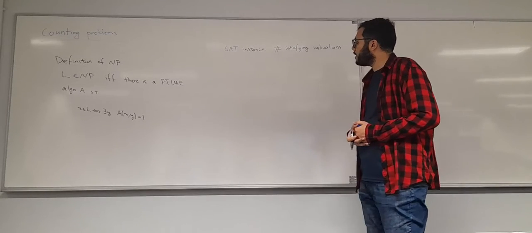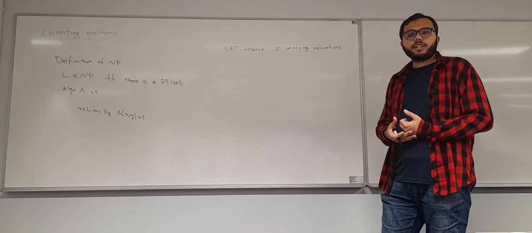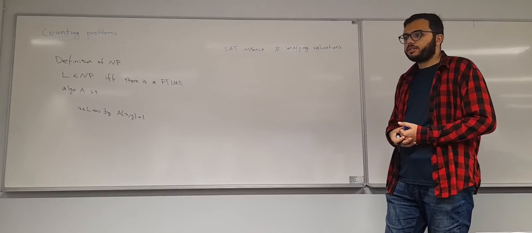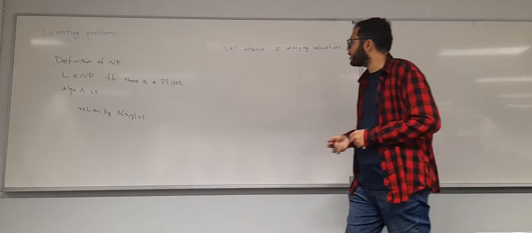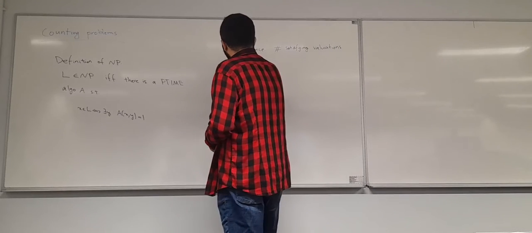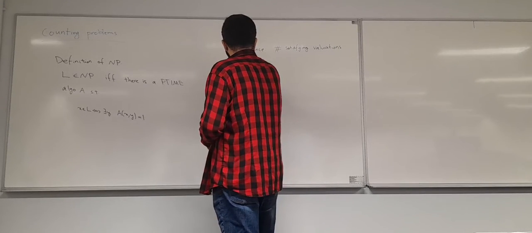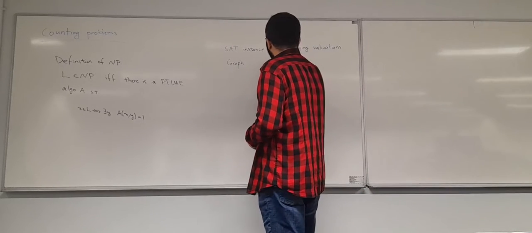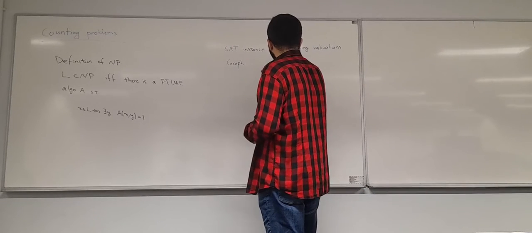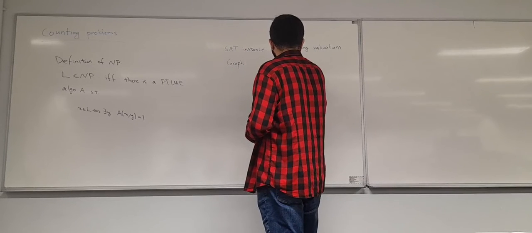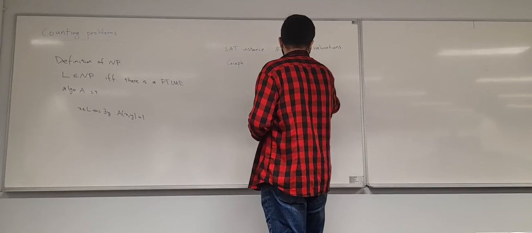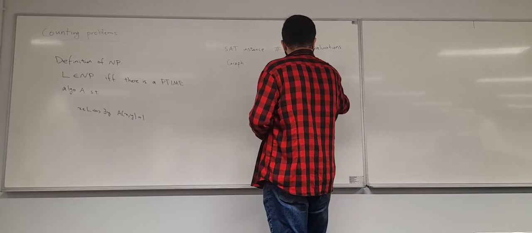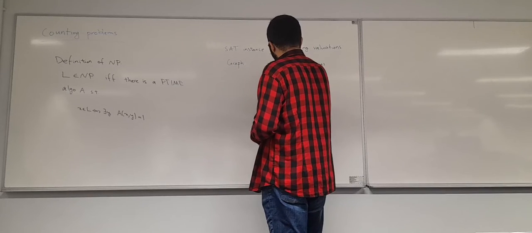Maybe I can give you a graph as the input, and then I can ask for the number of a bunch of different things. So maybe I give you a graph, and I ask you what is the number of maximal matches? Or what is the number of perfect matches?